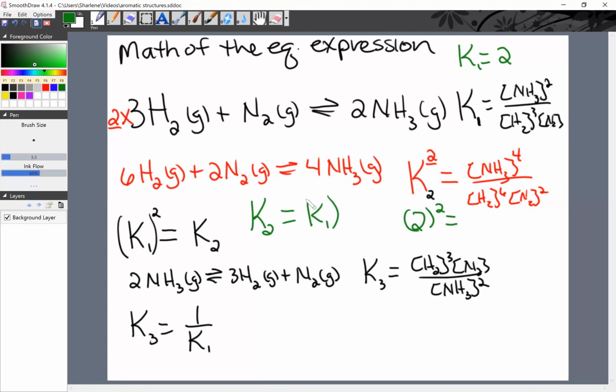It's the original that's been squared. So K2 is equal to 4. Or I could just write it as that, okay? So if I invert it, this new K3 is 1 over 2. Or I could have written it as 1 over K1. All right, they're all related.